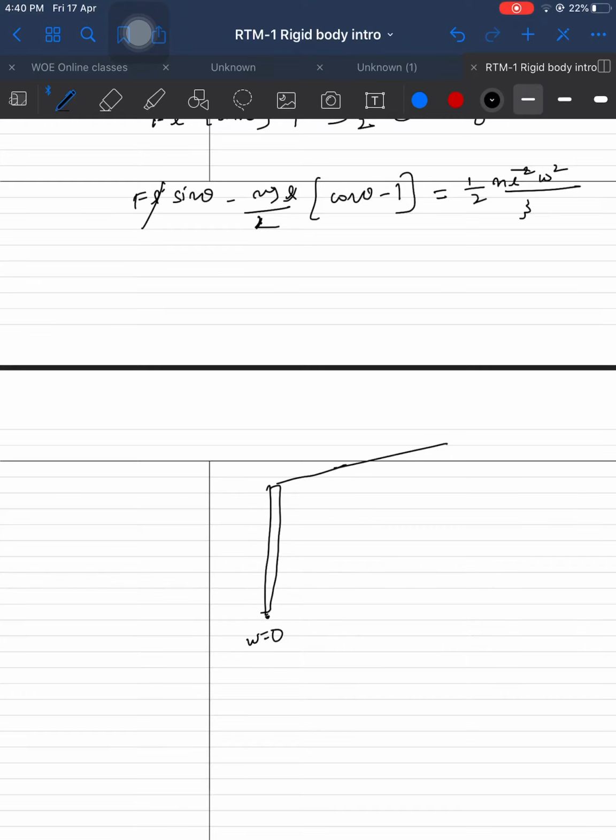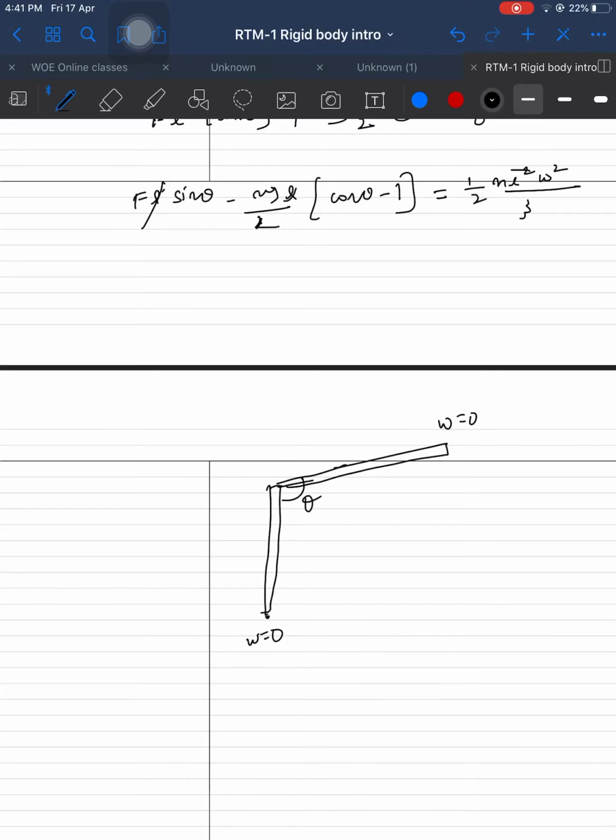After reaching a certain angle theta, the angular velocity again should become 0. So initial 0 to 0, this should be the maximum angular displacement. So the change in kinetic energy must be equal to 0. If change in kinetic energy is equal to 0, then for this statement only we can write this equal to 0.